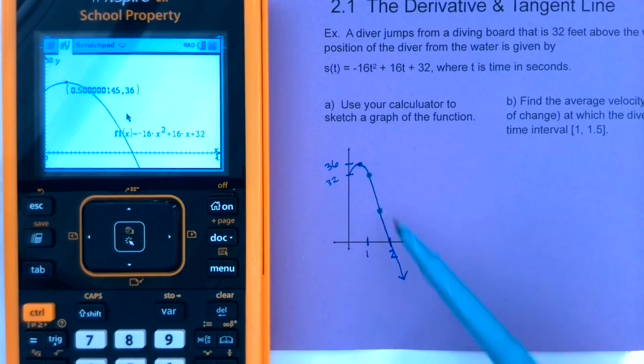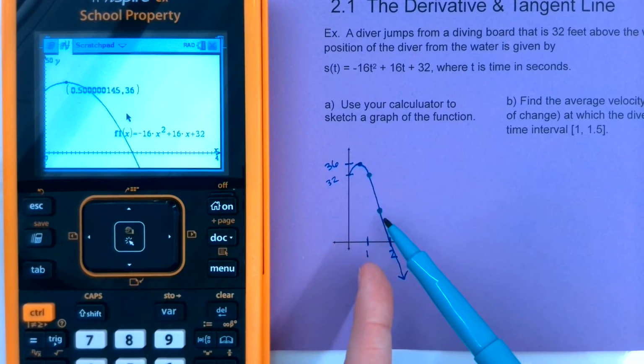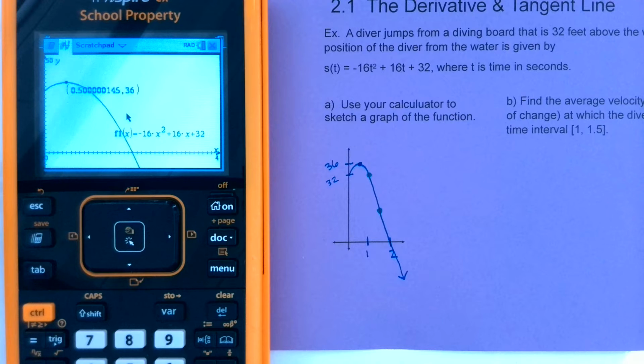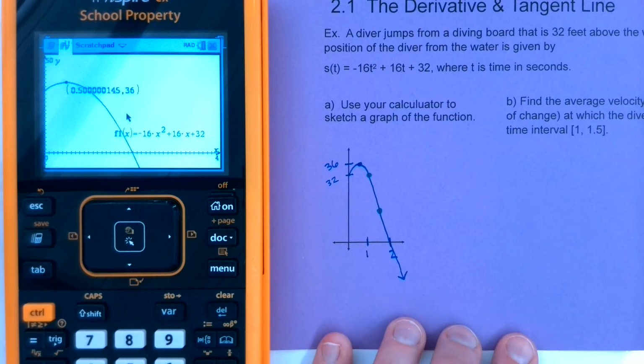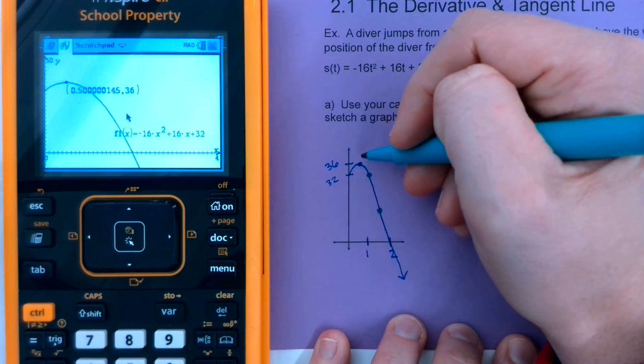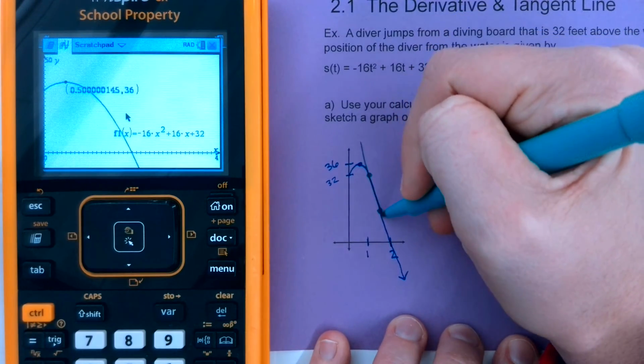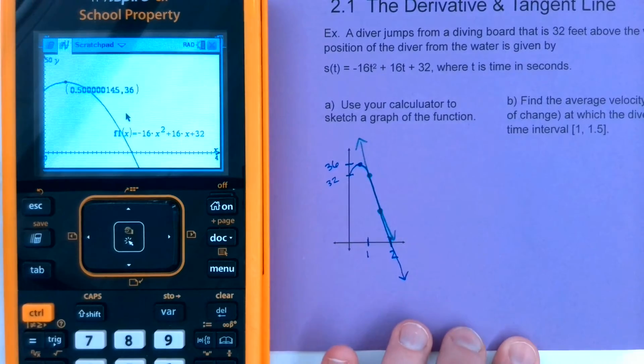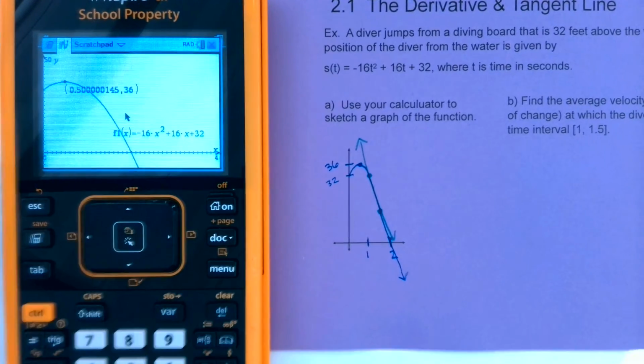So if I find the slope here between 1 and 1.5, the slope answer is going to be that average velocity over the time. Mine's looking kind of linear right now, but we're going to look at this average velocity here. I feel like I maybe made it a little sharper than it should have been.